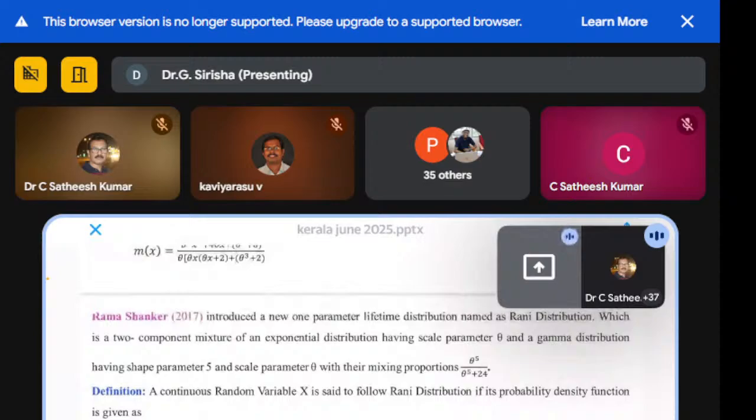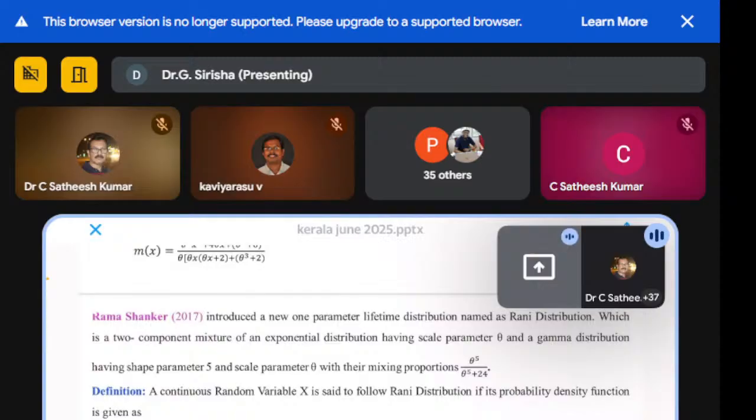Again, the same person, Ramashankar, has proposed one more distribution named Rani distribution, which is again a two-component distribution. One is exponential with scale parameter theta. The other is gamma distribution with shape parameter 5.